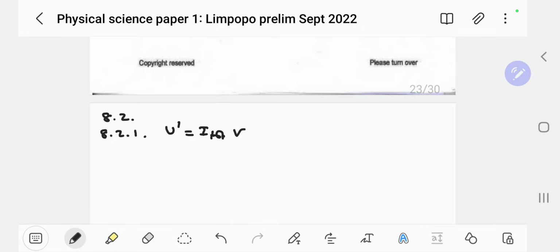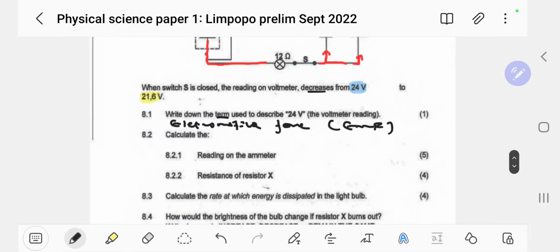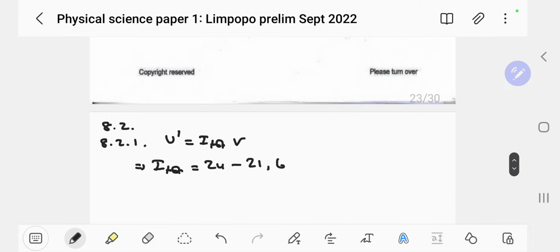That is what we know. And then this implies that our I total is going to be the lost volts over the internal resistance. Lost volts is going to be the EMF, which is 24 minus 21,6, over the internal resistance, which is 2. So we move as quickly as we can.